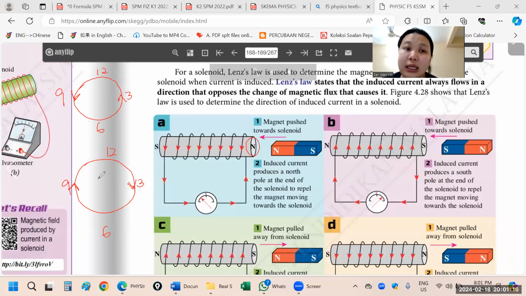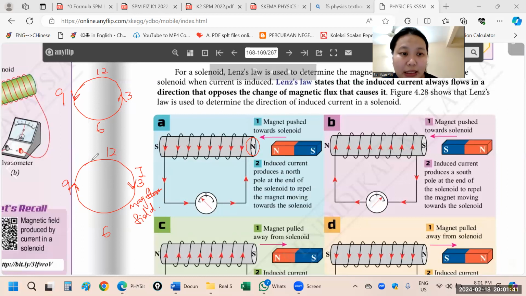If you have current, you will create a magnetic field. Then if you have a magnetic field, you can induce current. So they're related to each other.